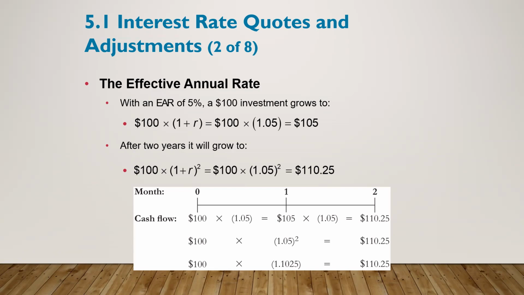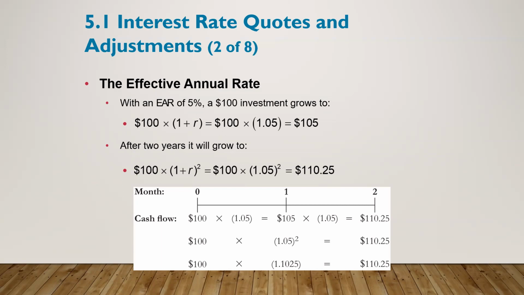Now, this quoting method has been consistently employed in your textbook with chapters 3 and 4 utilizing EAR as the discount rate, which is denoted with the R in time value of money calculations.